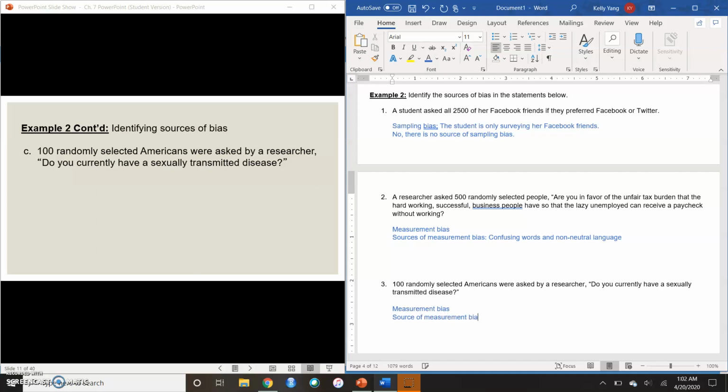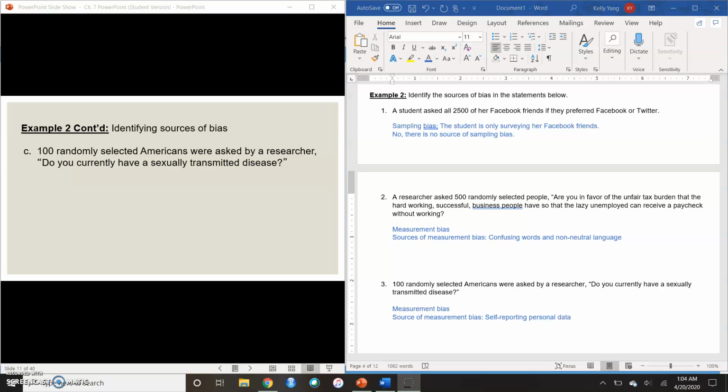This kind of question is hard for people to respond to because it's so personal. So in this case, I would say that self-reporting personal data is the source of measurement bias.